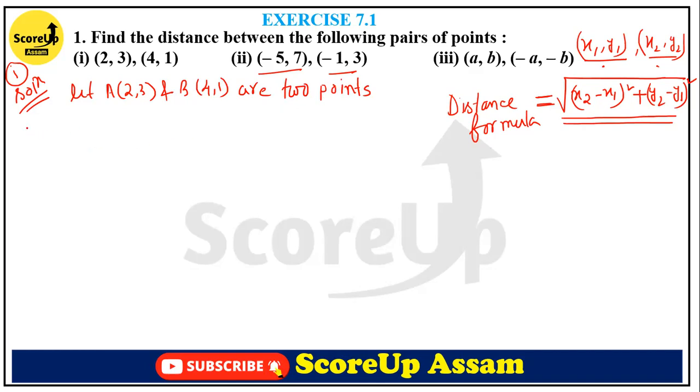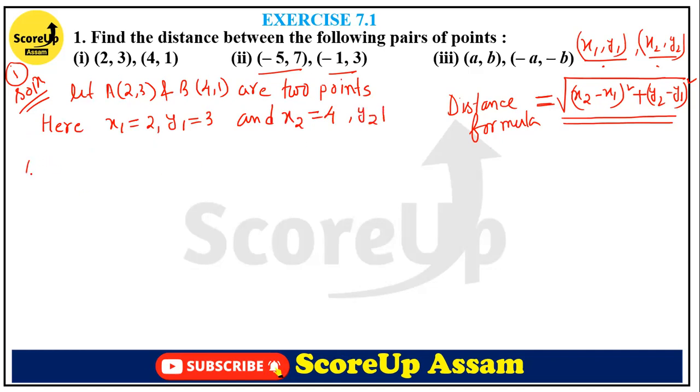The distance between these points: x1 is equal to 2, y1 is equal to 3, and x2 is equal to 4, y2 is equal to 1.